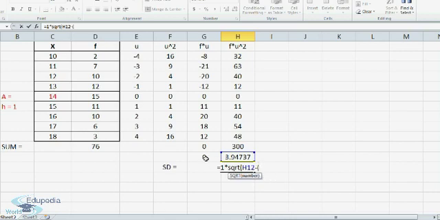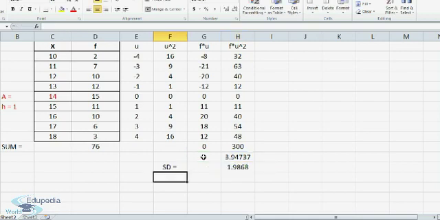So let's do the square of this number raised to power 2. So here the standard deviation is 1.98, and the variance is simply the square of this number, so it's this raised to power 2. It's 3.94 or 3.95 because of rounding off.